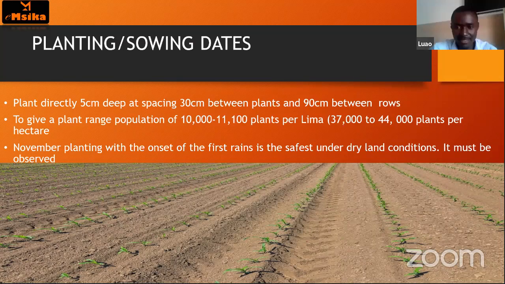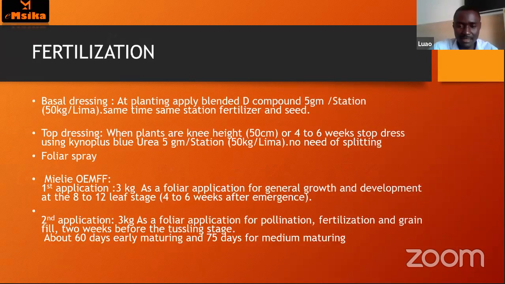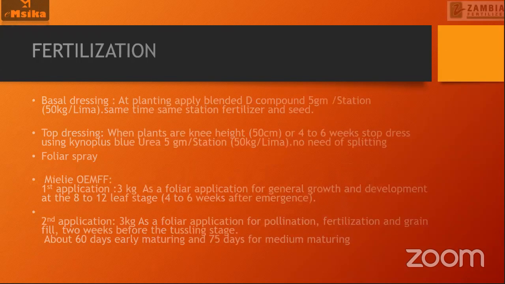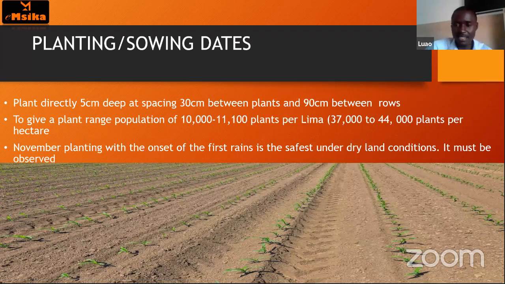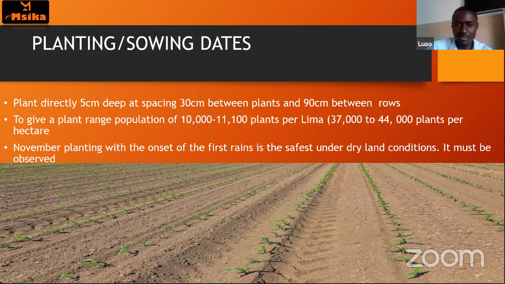No. I'm saying if you are going to add 5 grams per plant per station, and we have about 10,000 plants per hectare. Oh, okay. Now I get you. So it will give you the exact amount you need. Okay, so 5 grams by 10,000 plants, divided by 1,000 grams.